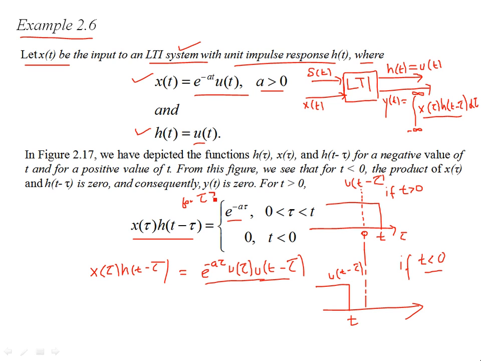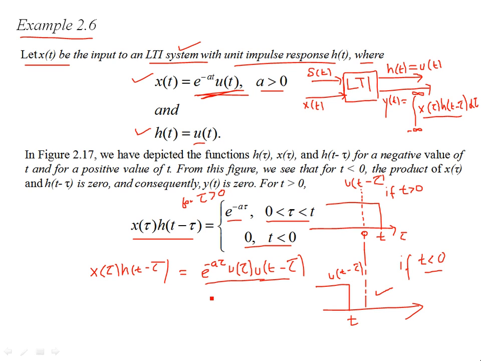You can see the regions of time where this is overlapping, and this overlapping only occurs where t is positive. For negative time, there's no overlapping with the signal x(tau), which means the integrand is 0.